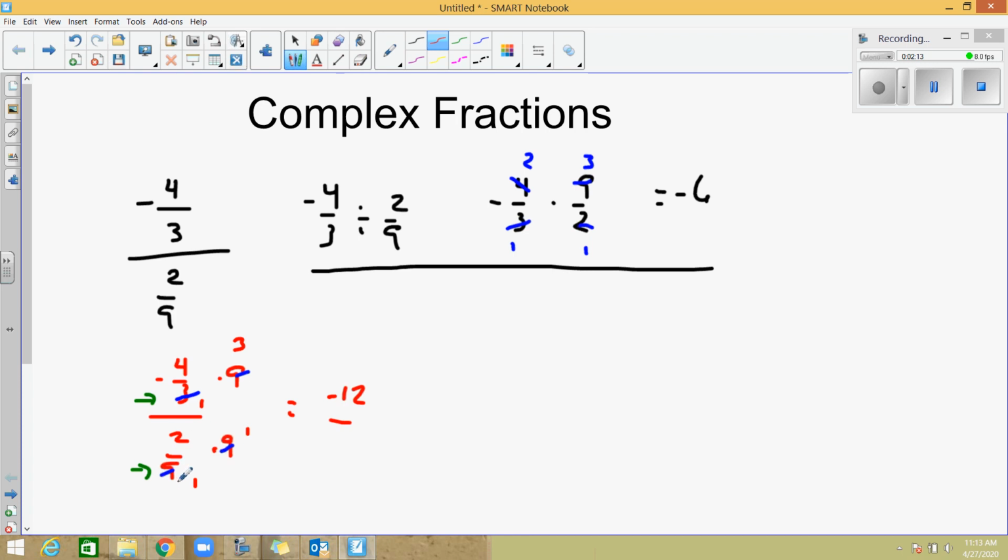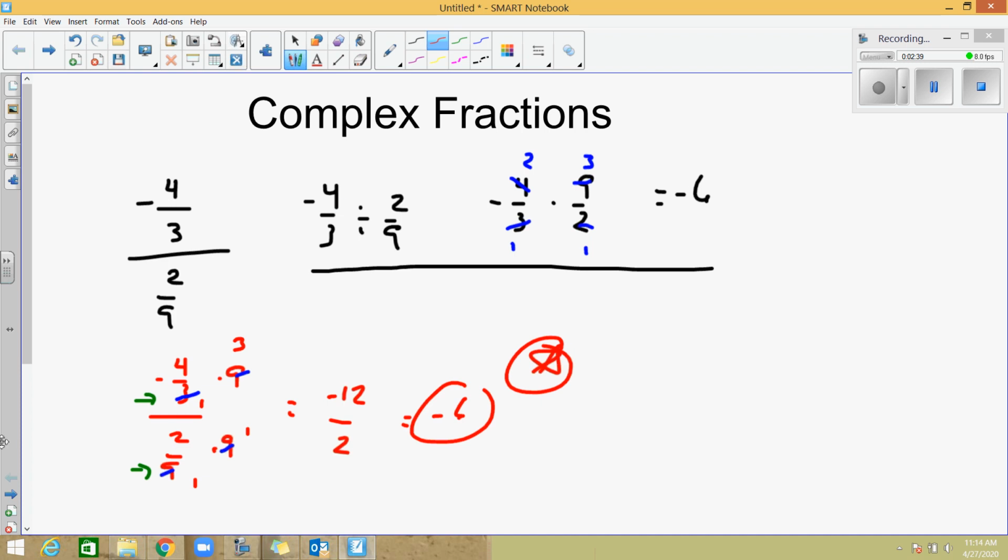On the bottom, we get 2 times 1 and 1 times 1, which is just 2, and that gets us negative 6. So we can get to that answer just a little bit faster. Not always, but it makes it a little bit easier. This is the way I'm going to teach you when we start talking about expressions with complex fractions.